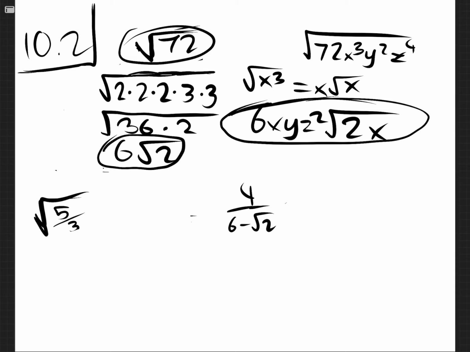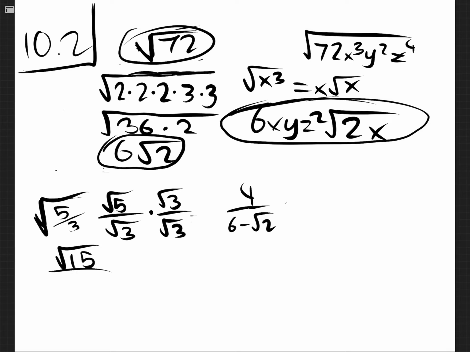So from here we can bring it to this, and then to simplify this further, we have to multiply by this, and this will get rid of the square root 3 in the denominator, and square root 5 times square root 3 is square root 15. So square root 15 over 3, and that's your final answer for square root 5 over 3.